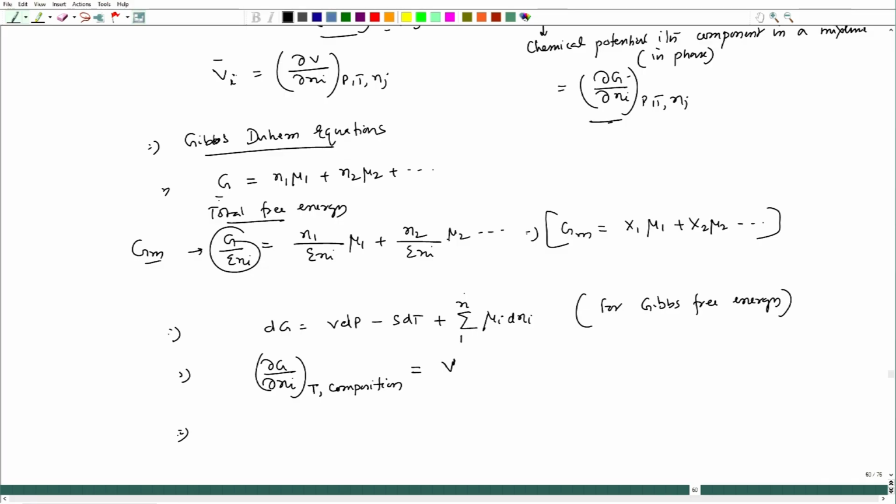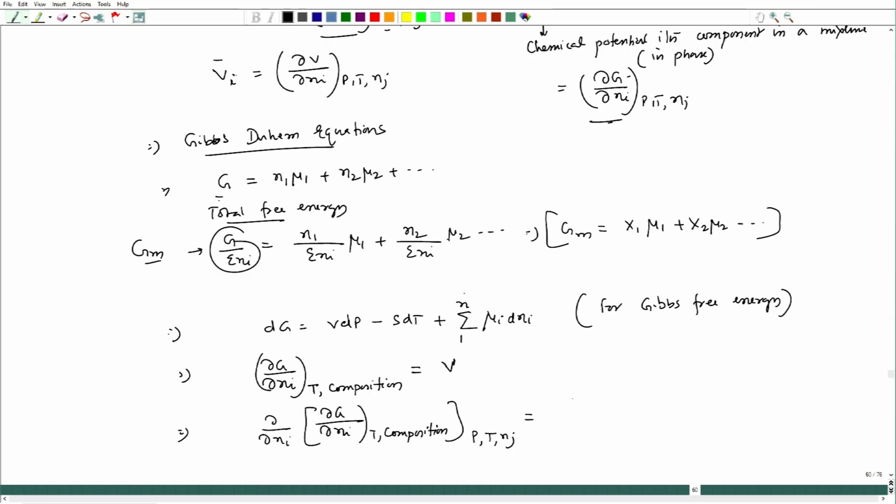Now, if I further treat Ni, dG by dNi at fixed temperature and composition, then P, T and all the other components Nj are fixed.